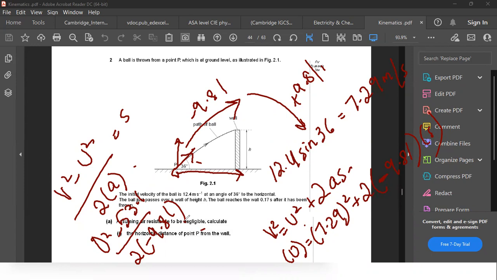Okay, let me just take a look at it, because when you are using the formula s equals ut plus half at squared, you're getting a different answer. When you're using v squared equals u squared plus 2as, you're getting a different answer.